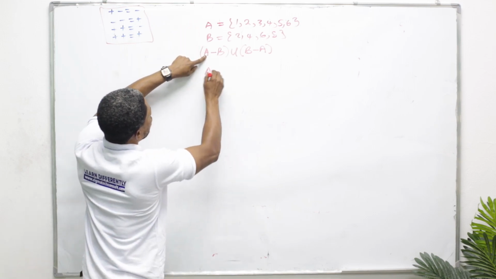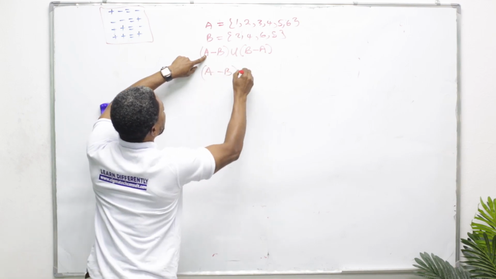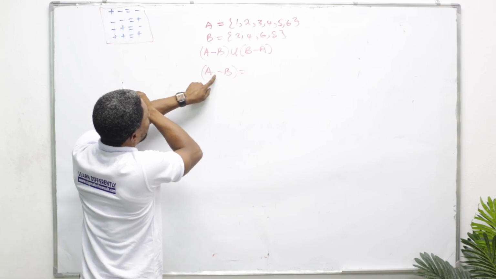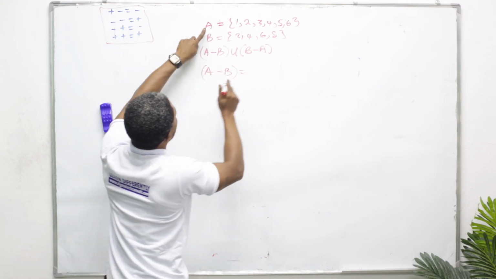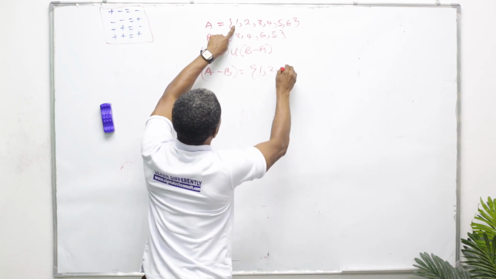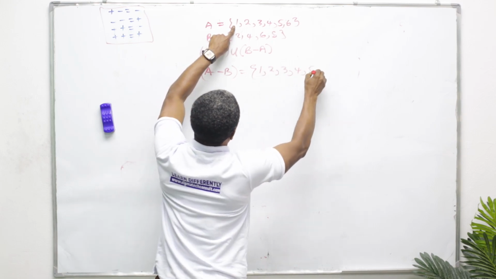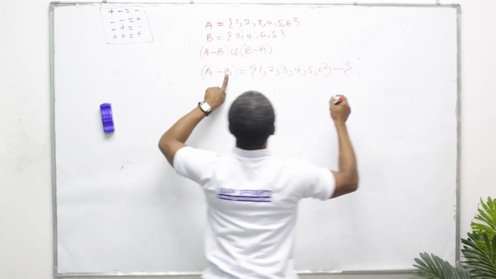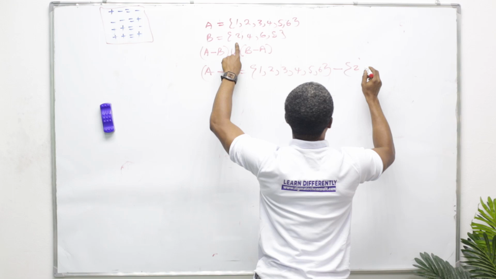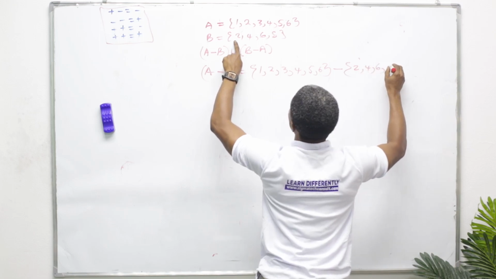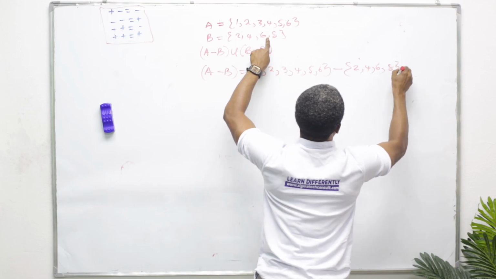Now, let's solve it as if you are solving a normal equation. Elements of A minus elements of B. So now I'm going to have elements of A, that is 1, 2, 3, 4, 5, 6, minus elements of B, 2, 4, 6, 8.